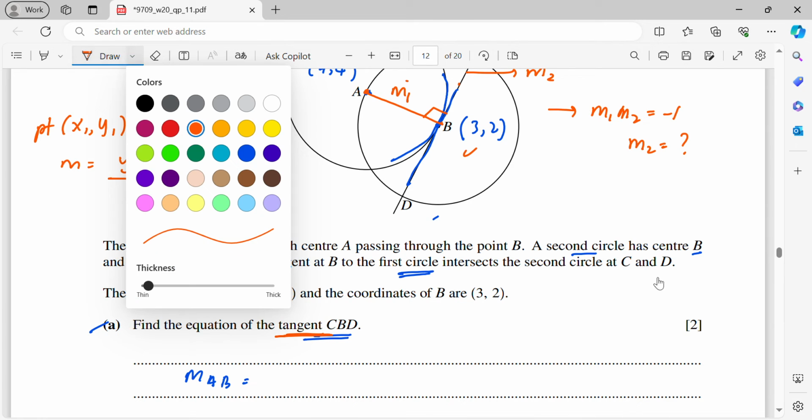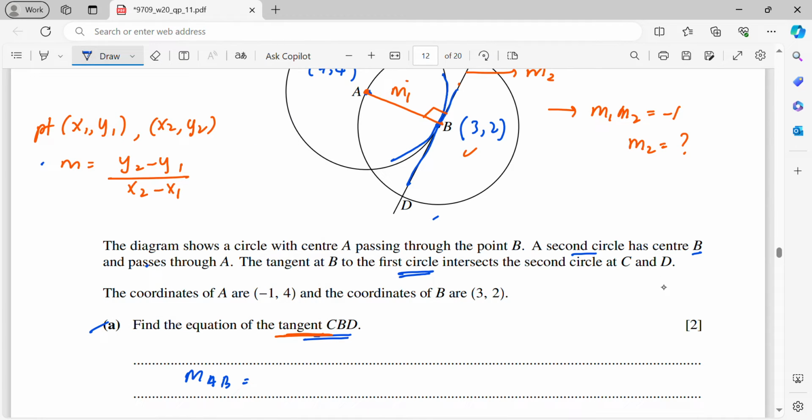So now here MAB, I can just use 4 minus 2 over minus 1 minus 3. That means you are getting 2 over minus 4, which is negative half. Alright, so that is MAB.